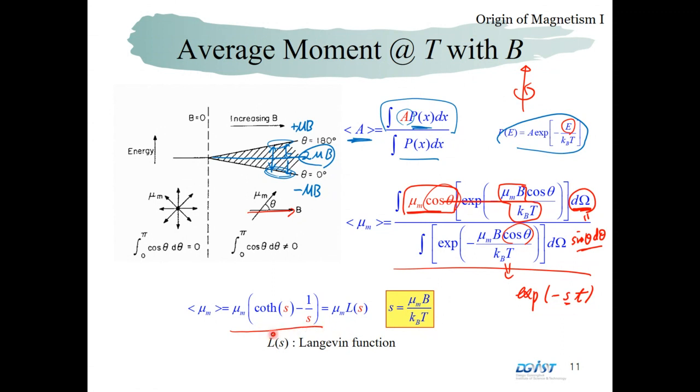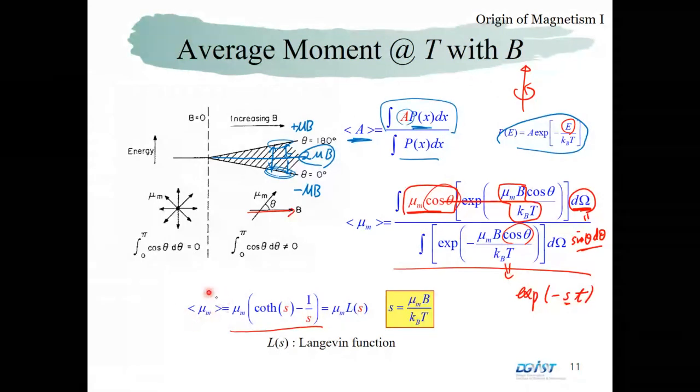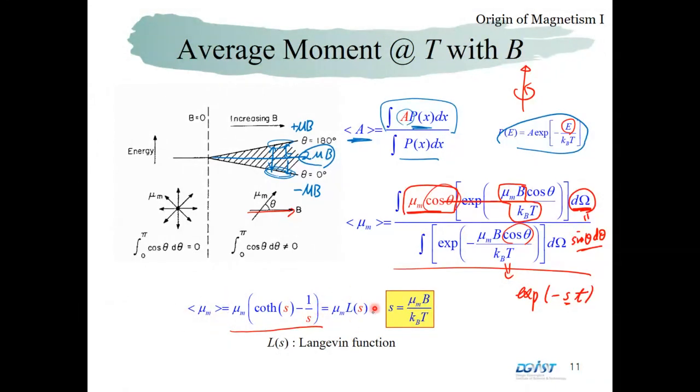Okay, and this cotangent S minus 1 over S, we define as a new function called the Langevin function. That's another French name, so maybe Langevin is a quite correct pronunciation. Sorry about that. And anyway, the average magnetic moment of the paramagnetic material is defined by this form here, where mu m is the magnetic moment of each atom, and the Langevin function is defined by this form.